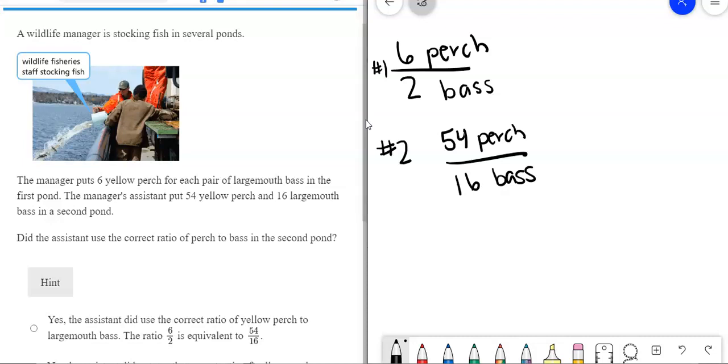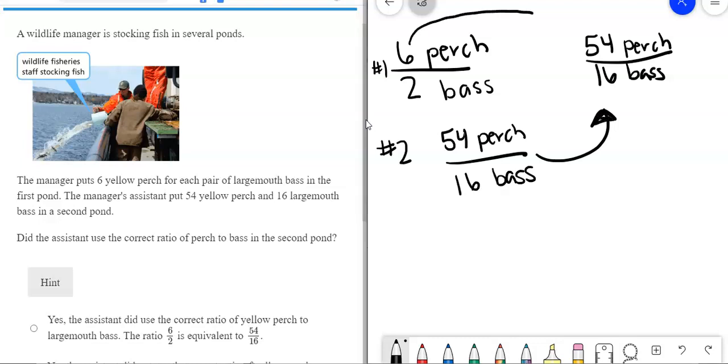So what we're going to do is try to get these numbers the same. We can either try to get the 2 to change to 16. So if I set these up next to each other, I just took this fraction, or ratio, whatever you want to call it, and moved it up there.